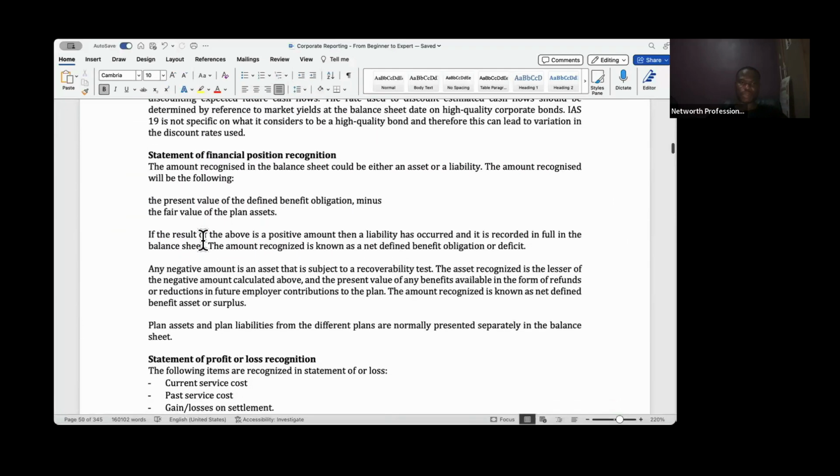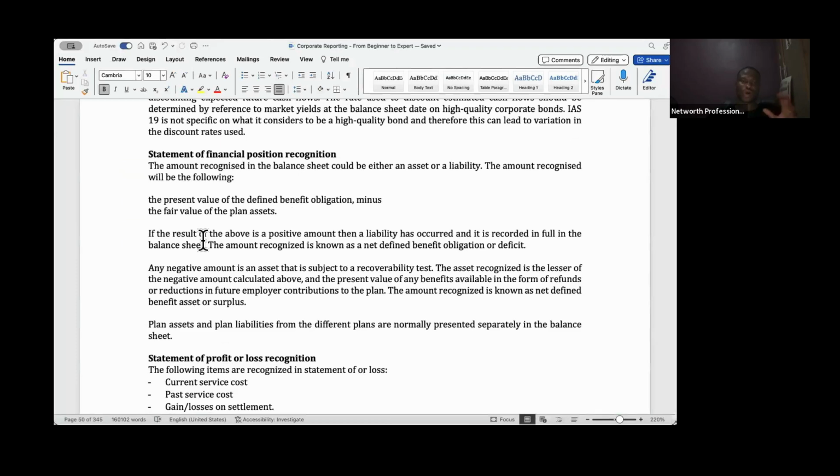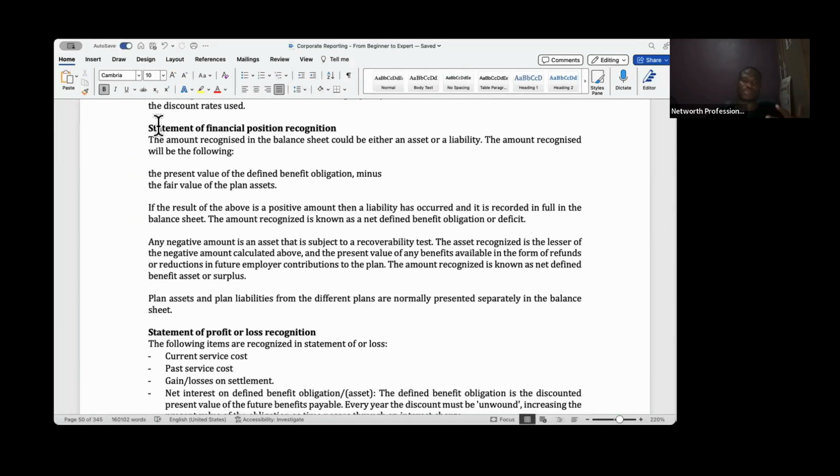However, for us quickly, based on all the figures I've explained above, what goes into your statement of financial position, and what also goes into your statement of profit or loss? In your statement of financial position, we would recognize a single amount known as either a deficit or a surplus, which we determine by comparing the present value of the defined benefit obligation with the fair value of the plan assets.